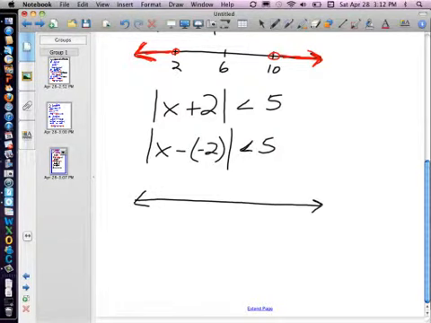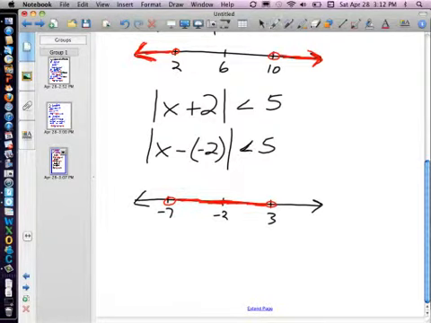So the distance between x and negative 2, so negative 2 is our middle number here, is less than 5. So 5 away from that on the right would be 3. 5 away from it on the left would be negative 7. And we want that distance between x and negative 2 to be less than 5. So less than 5, and over here, less than 5.